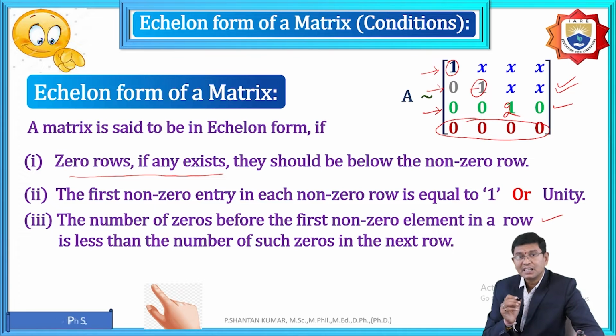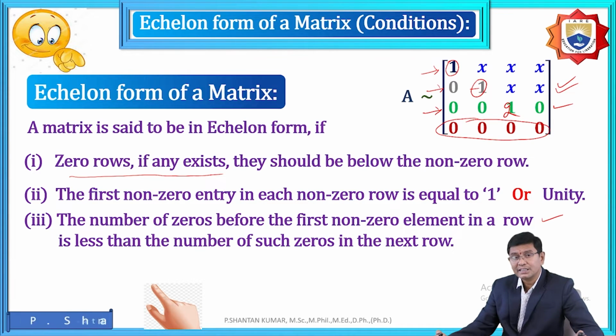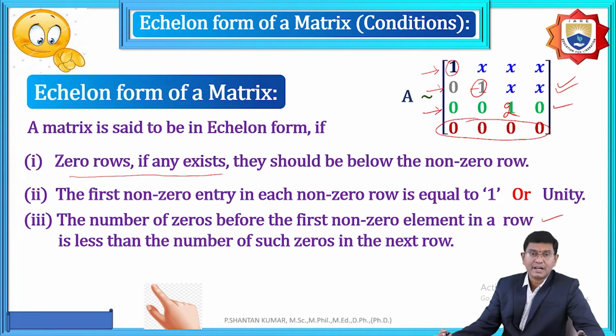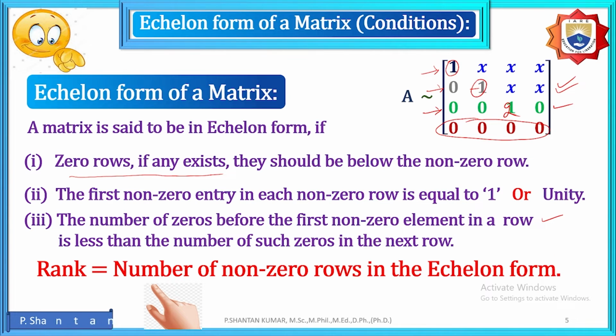Based upon these three conditions being satisfied, the matrix is said to be in echelon form. And based upon this confirmation of echelon form, we need to identify the rank of a matrix. The rank of a matrix is nothing but the number of non-zero rows in the echelon form of a matrix.